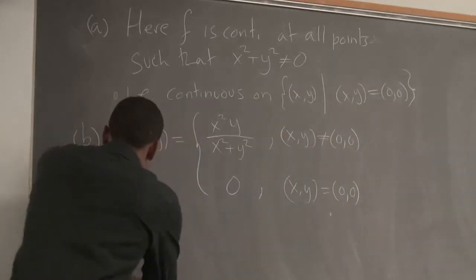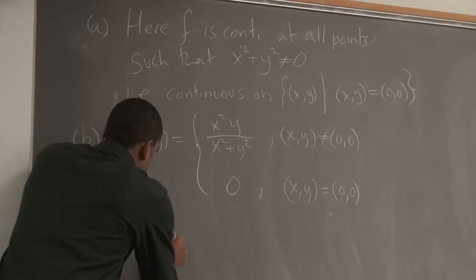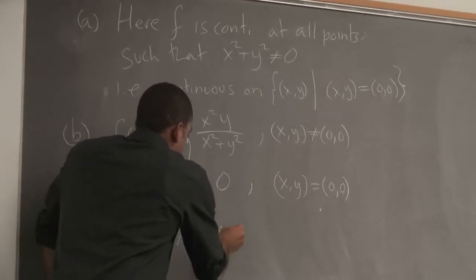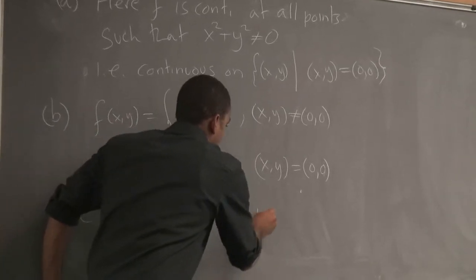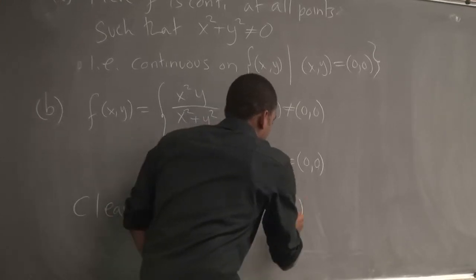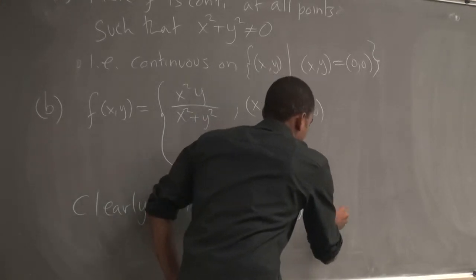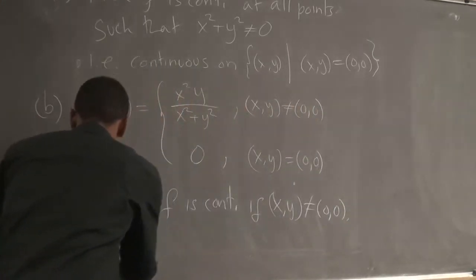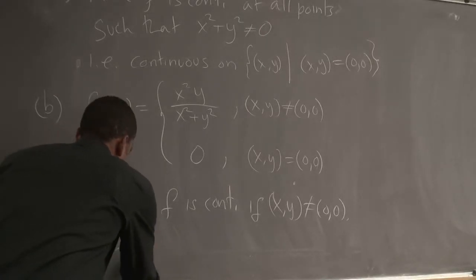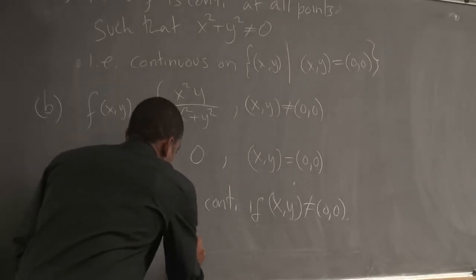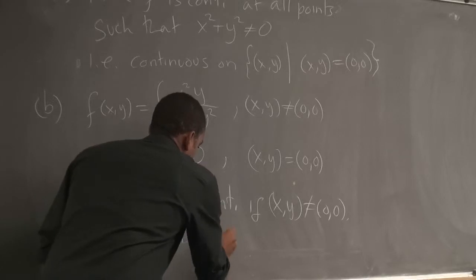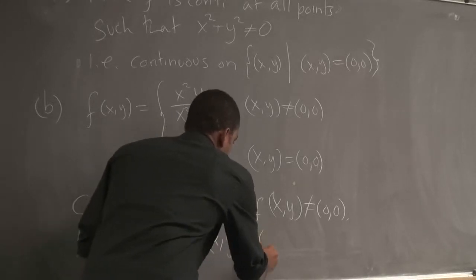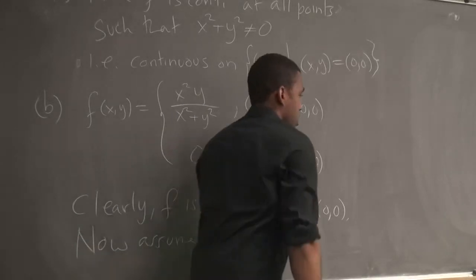So we can say clearly f is continuous if we're not at the origin, right? Now, assume (x, y) is equal to (0, 0). How do I know if f is continuous or not?